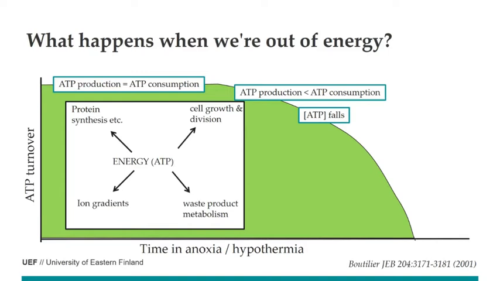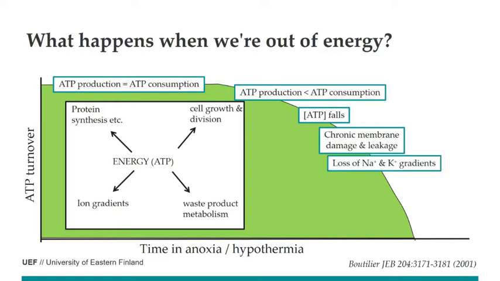So one of the things that happens when the ATP concentration falls drastically is chronic membrane damage and leak. We can't maintain the sodium and potassium gradient anymore. And this is the point when our neurons stop working, because we don't have action potentials if we don't have a sodium gradient and a potassium gradient.